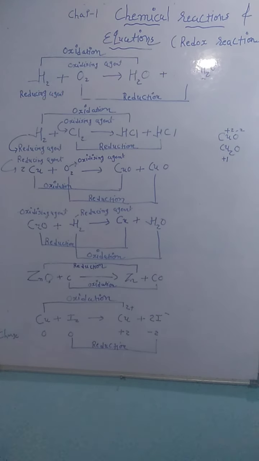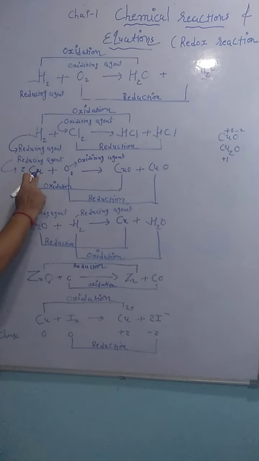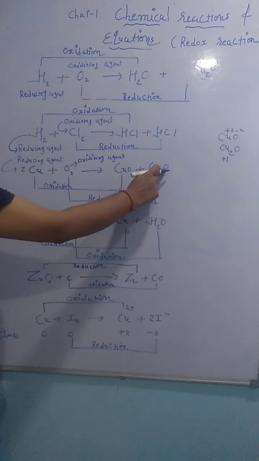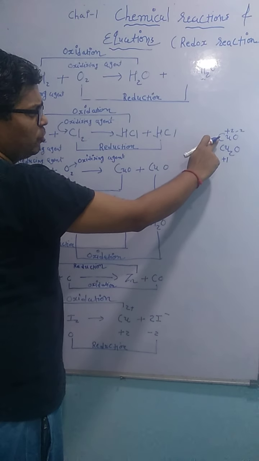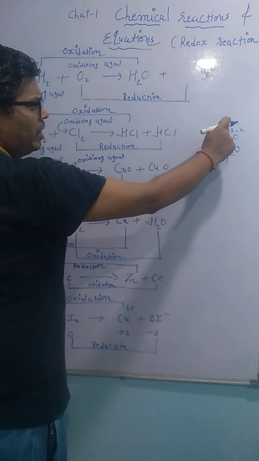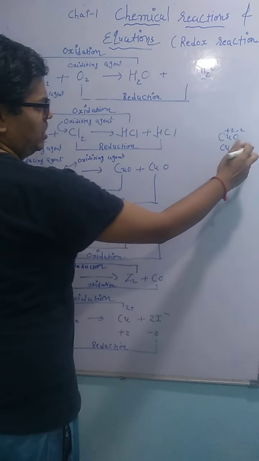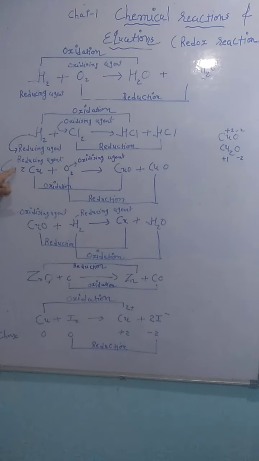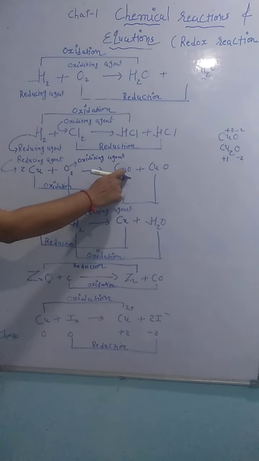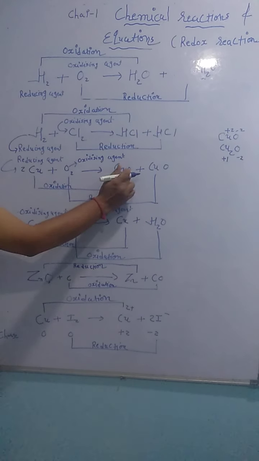More reactions here. Copper plus oxygen gives cupric oxide plus cuprous oxide. The difference is that in cupric oxide, CuO, Cu has a plus 2 charge, while in cuprous oxide, Cu has a plus 1 charge. Oxygen is already minus 2. Now compare Cu and CuO. Whenever you compare, oxygen is added.